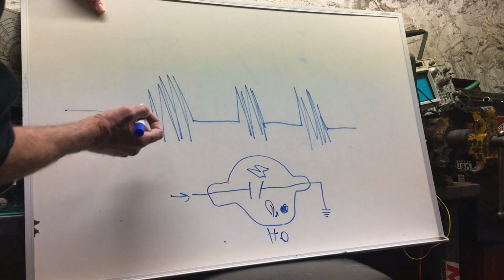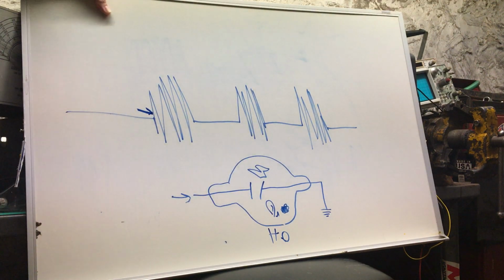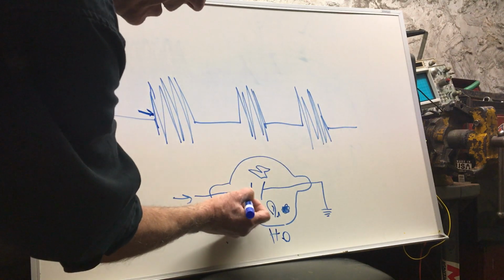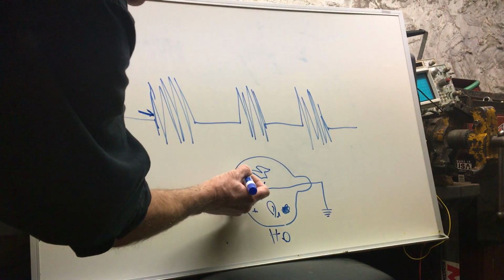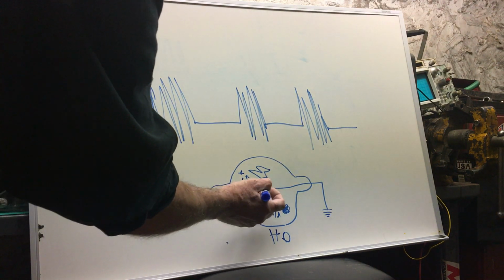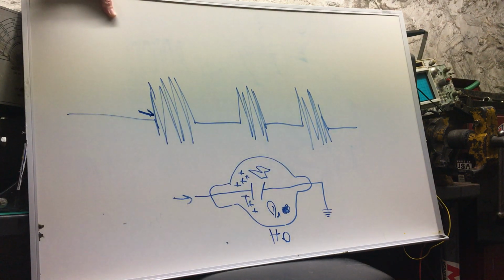So at this point of the pulse, the tube wasn't lit yet, but when the pulse reached its maximum, that's when this electrode was at its highest positive potential with reference to the ground electrode, and that's when the spark jumped across the electrodes and ignited the tube.